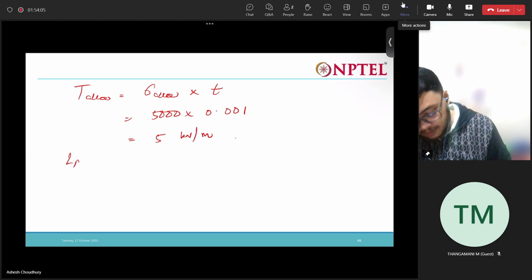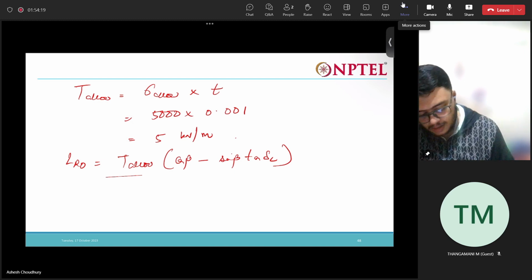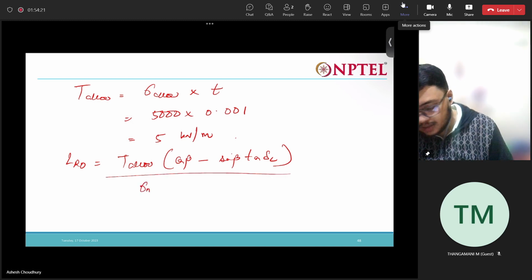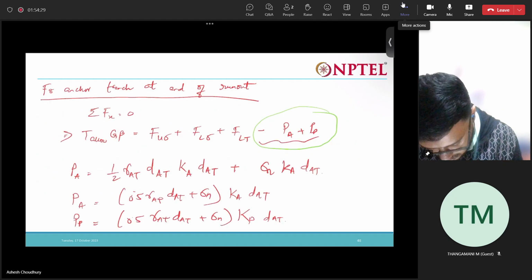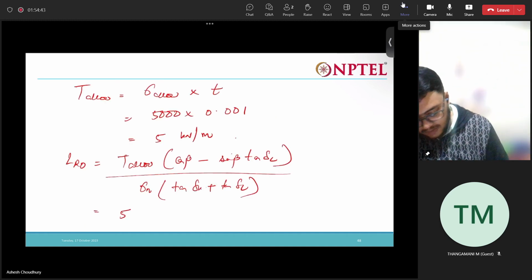Now, T allowable by cos beta minus sin beta tan delta L, by N tan delta U plus delta L. So this is 5 kilonewton per meter.